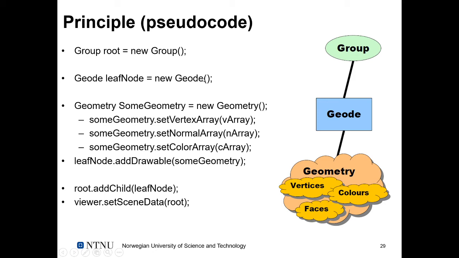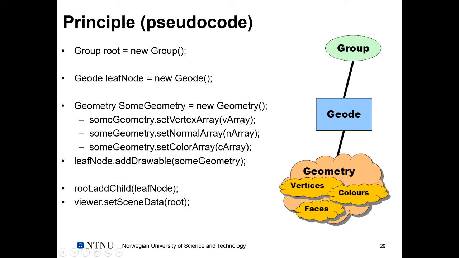Then if you want to connect a geode to it, a geometrical node, then you basically say new geode in the same sense. You name it, in this particular case they named it leaf node, and then you define some geometry, basically saying new geometry. That is basically defining your drawable with all the vertices, colors, and faces. Then you name that some geometry, then some geometry dot set vertex array.